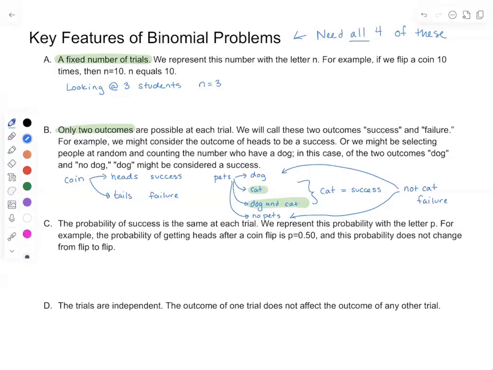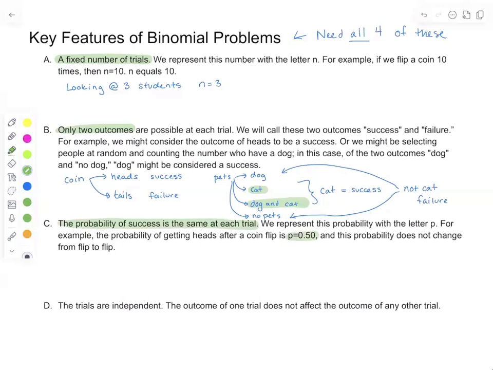The next key feature we need to check for is that the probability of success is the same at each trial. We represent this probability with the letter P. So for that coin flipping example, the probability of success, the probability of heads, would be 50%, right? And that's not going to change from flip to flip.